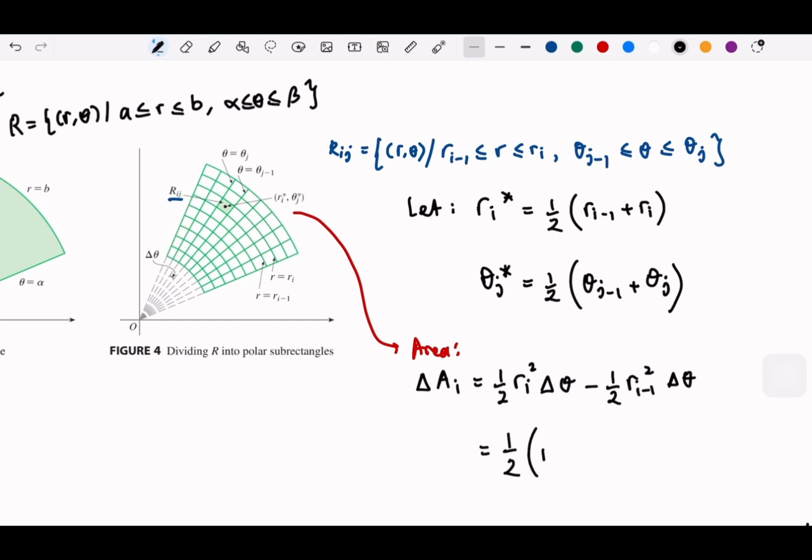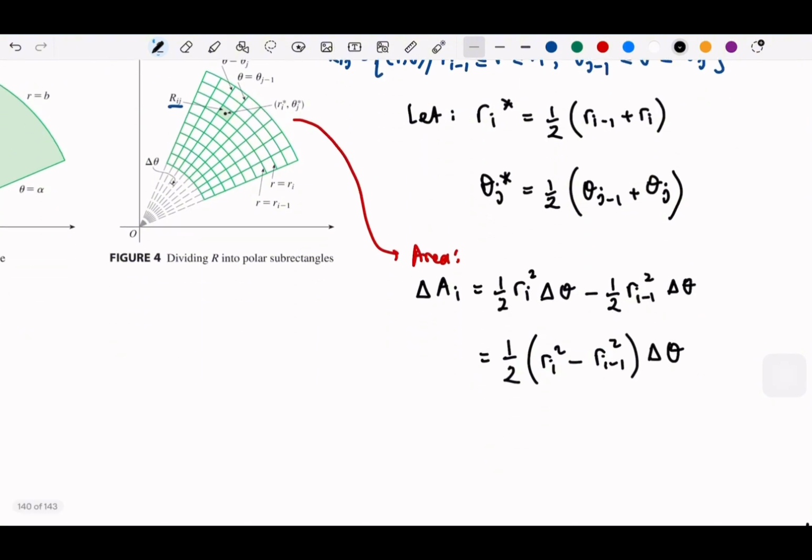So this will be, and we can split this using algebra. And the other one will be plus.